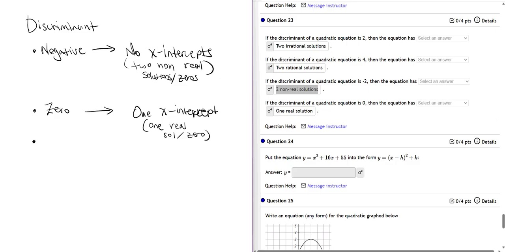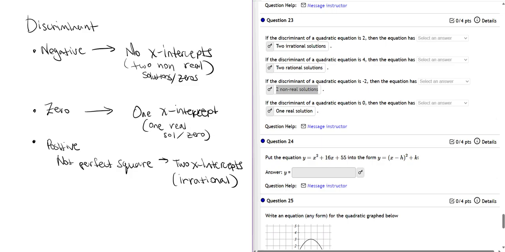Okay. And then if it's positive and it's not a perfect square, well, then it's going to be irrational. Two irrational x-intercepts, but they're going to be irrational. You can't write them as a fraction or an integer.